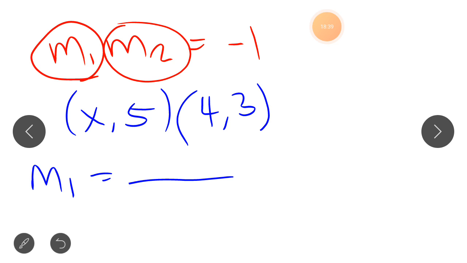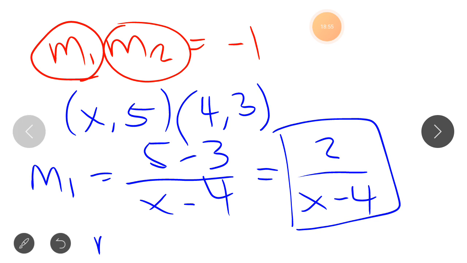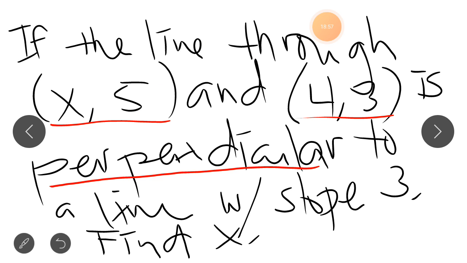So that is 5 minus 3 over x minus 4. So the slope of line 1 is 2 over x minus 4. For the slope of line 2, it's already given here. It's 3. So therefore, we're going to use m1 times m2 equals negative 1.